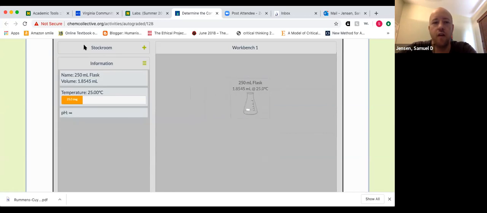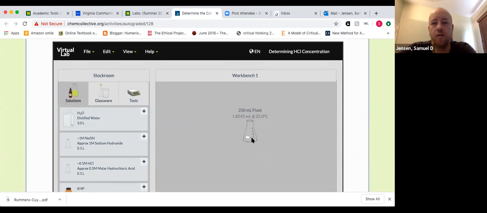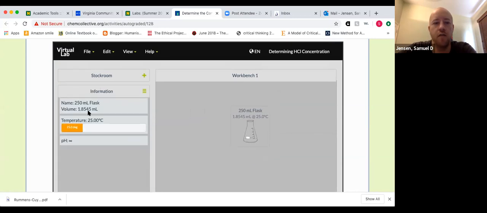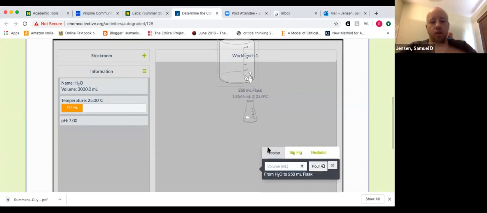And so our flask here has my KHP in it. What we want to do then is add some water. Now, if our procedure says to add 50 milliliters of water, you'll find it wouldn't matter, if we were doing this in the lab, exactly how much water you use, but we could put the 50 milliliters in there.